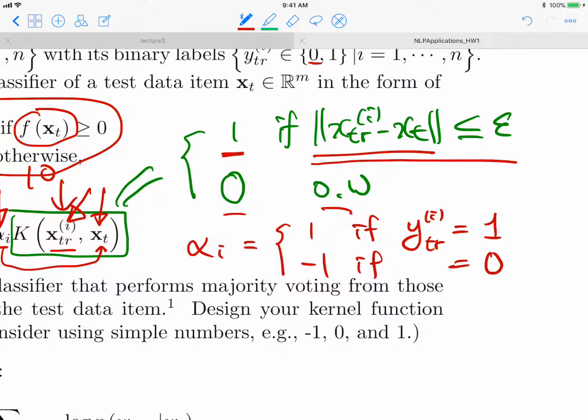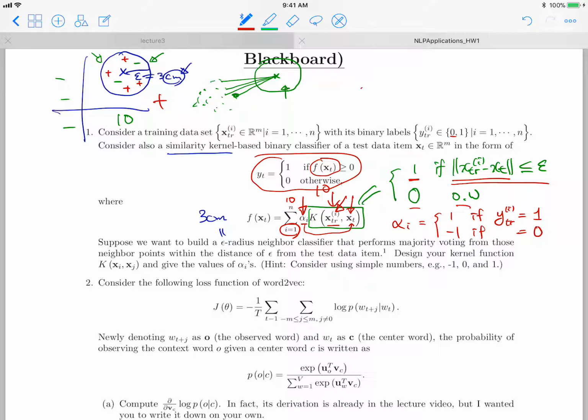So in that case, it's doing the majority voting, right? If we had 4 pluses and 2 minuses, we first just set their similarity as a non-zero value, all ones.